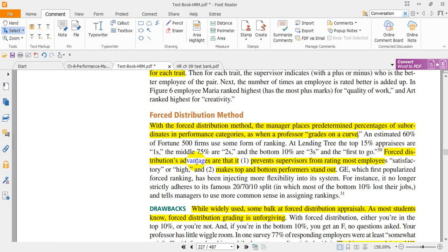One advantage is it prevents supervisors from rating most employees satisfactory or high. The second advantage, it makes top and bottom performers stand out.